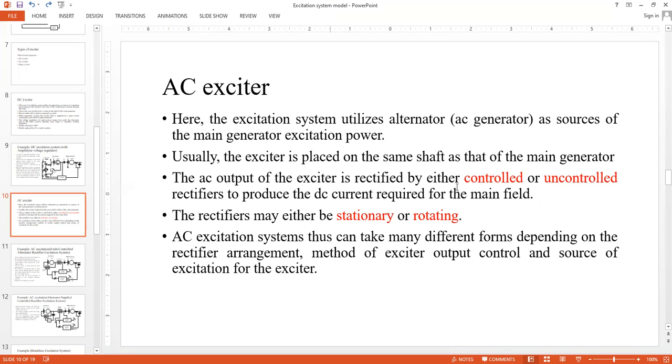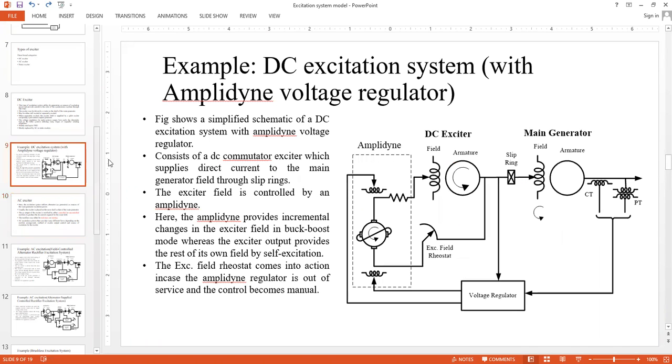Based on this combination, there are many classifications of AC excitation system, which are proposed by the IEEE committee. Also, which I actually missed earlier, in the DC excitation also, there are some classifications. Okay, so then we have the AC excitation block.